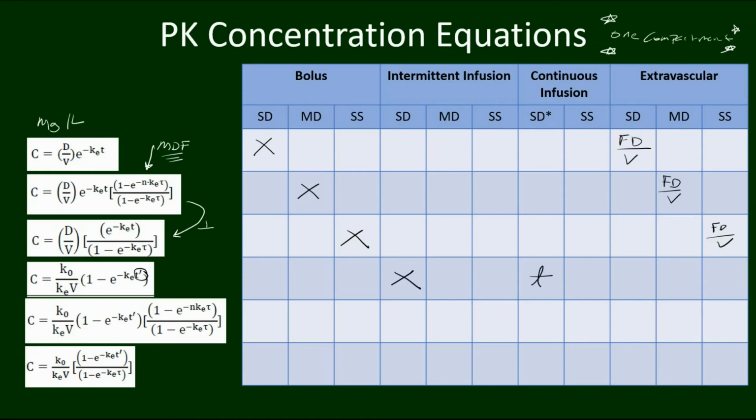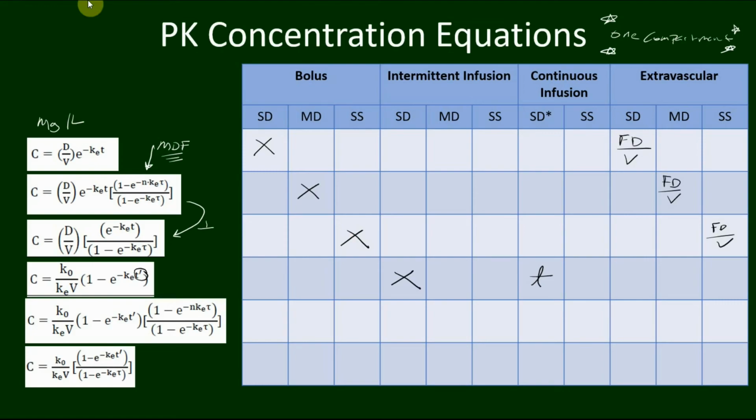This applies to the intermittent infusion single dose, because it's t prime, and it could apply to that situation where a continuous infusion is stopped before reaching steady state. In that equation, we substitute t prime for t because we're just putting the amount of time that that continuous infusion was going for before it was stopped.